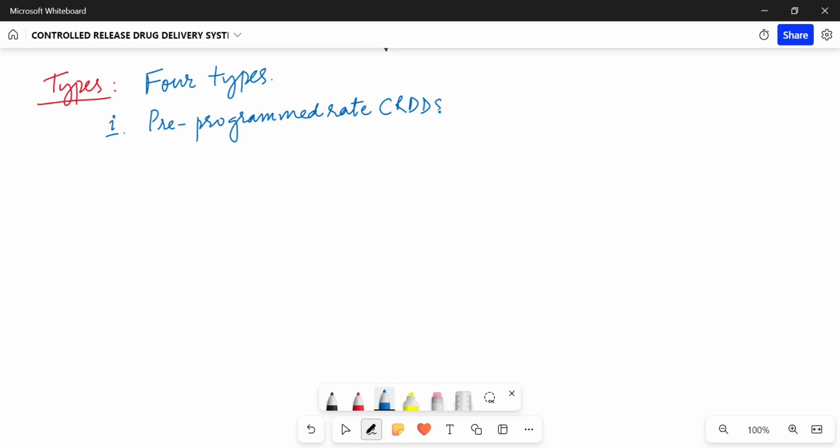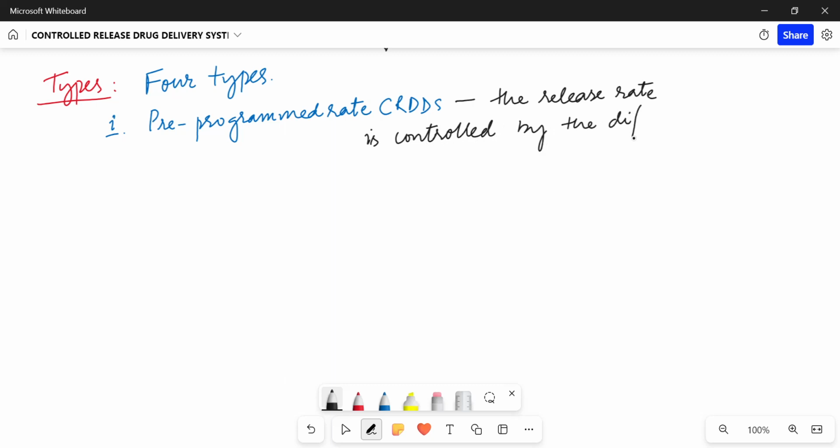Okay. In this system, release rate is controlled by the diffusion rate. Okay. Now we will understand this through a diagram.